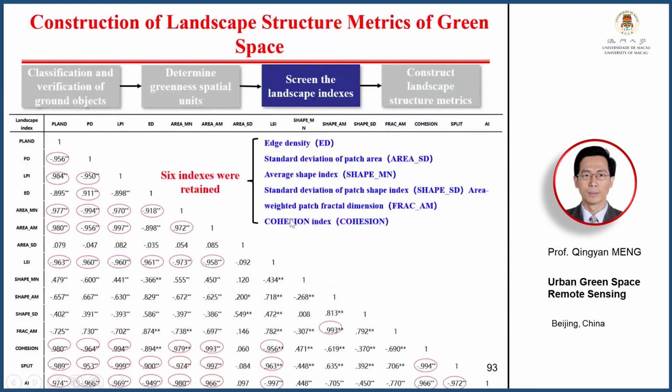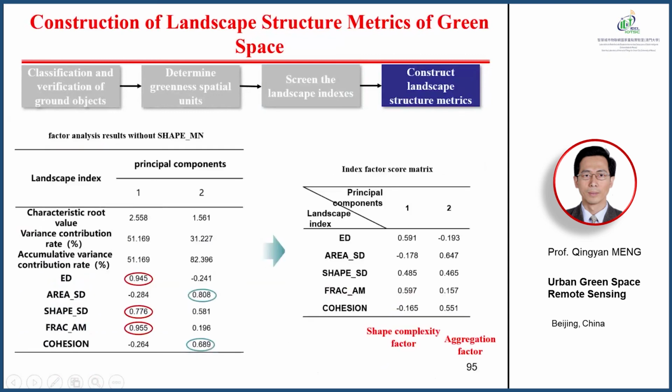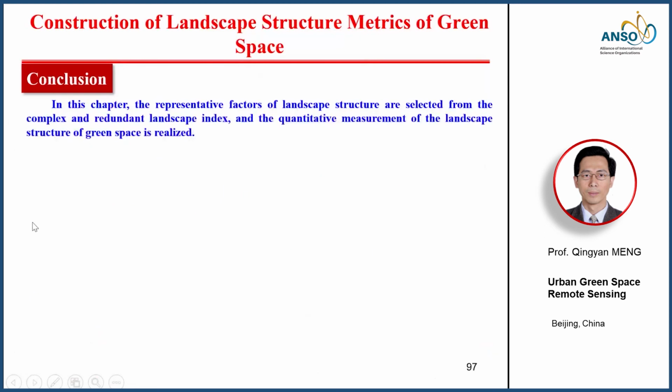Okay, and 6 indices were retained like this, and we construct the landscape structure matrix, okay, like this, the shape complexity and aggregation factors.